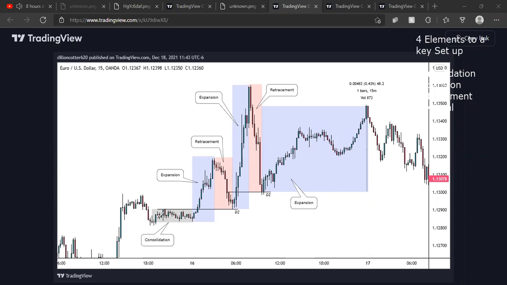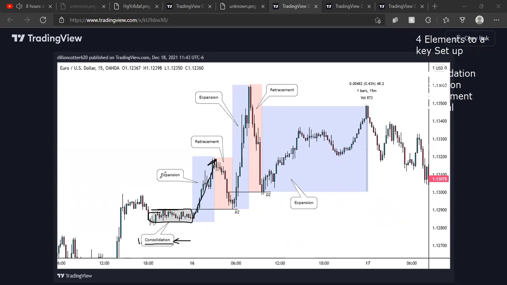So what do we see in this diagram first, right? Well, what did we talk about, right? Number one is always consolidation, right? So we see consolidation here first in this gray shaded area. Now what happens? We get a huge buying impulse, right? A lot of buying orders came in. We see a huge increase in volume, right?